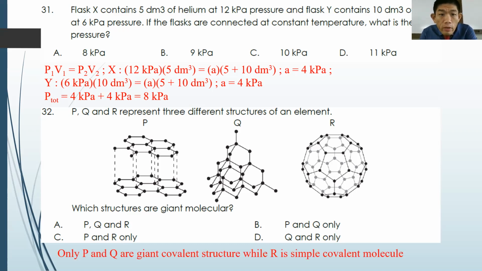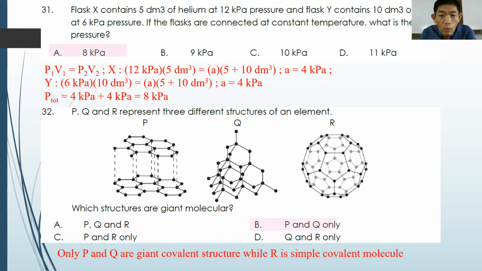Number 32, P, Q and R represent 3 different structures of an element. P is actually graphite, Q is actually diamond, R is actually fullerene. Which substance has a giant molecular structure? So in here, Q is definitely a giant covalent structure.